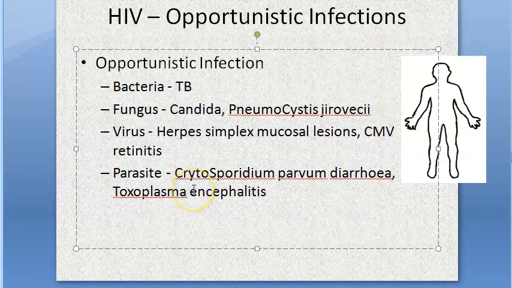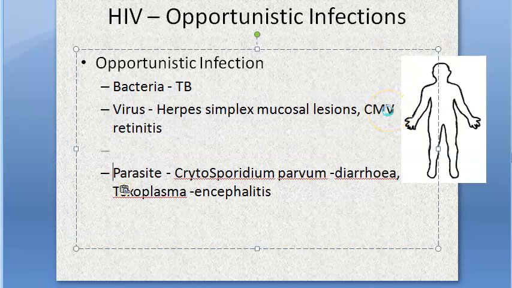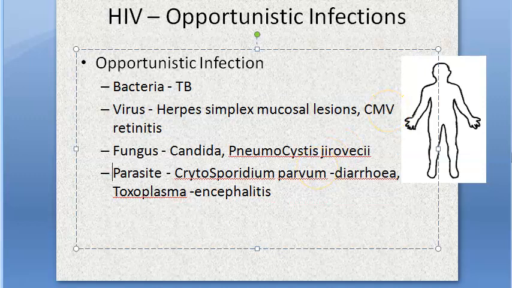Okay. So is this clear? These are the opportunistic infections, very important for exam also. Learn these names. Bacteria will cause TB, then virus. Bacteria, virus. Virus is herpes simplex, mucosal lesions, cytomegalovirus, retinitis.